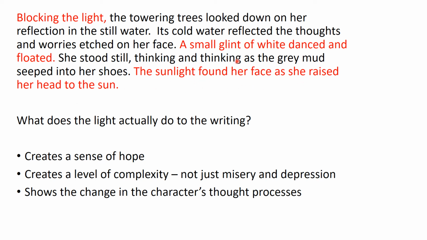So that little thought, maybe, gets bigger and bigger as she's thinking, and then suddenly we've got this symbol of sunlight coming down and warming her face, and that sense of positivity. So we go from quite negative to very positive, quite subtly through the use of light.